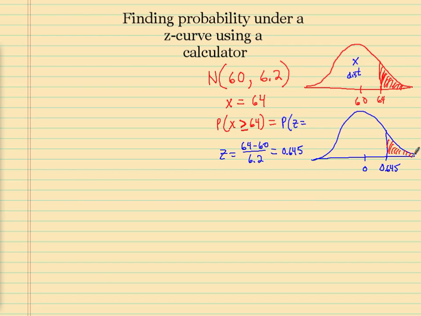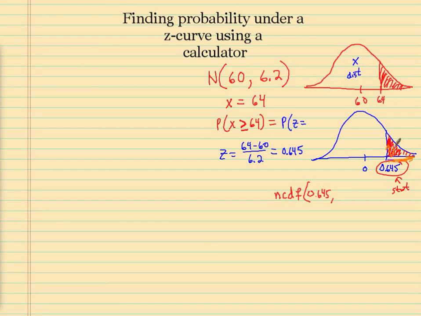The way the calculator works is you're going to put in, I'll show you where this is at, normal CDF. You want to put in this value. This will be your start, 0.645. What the calculator does is it scans across. It's going to look across here, and it's going to keep scanning.